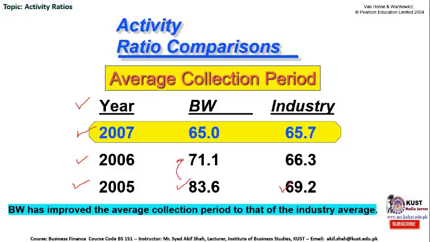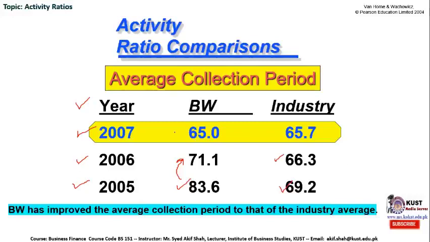However, Basket Wonder has improved over the period of time. In 2006, it was requiring 71 days to collect its account receivable. However, the benchmark in the industry was 66 days to collect account receivable in the same industry.